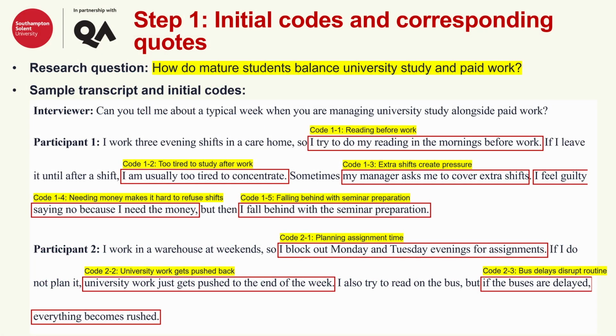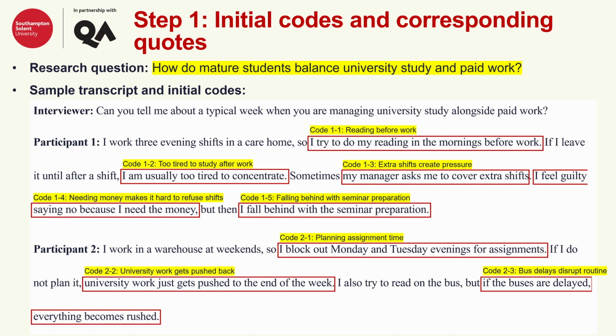Let's begin with the provided short example that contains initial codes. The research question is, how do mature students balance university study and paid work? The two extracts come from two participants who organized study around different patterns of paid work.